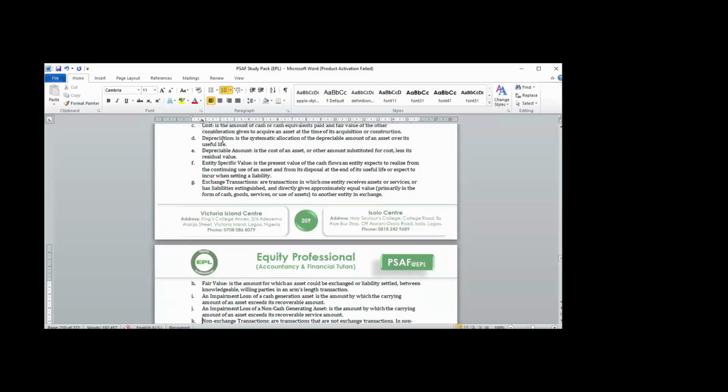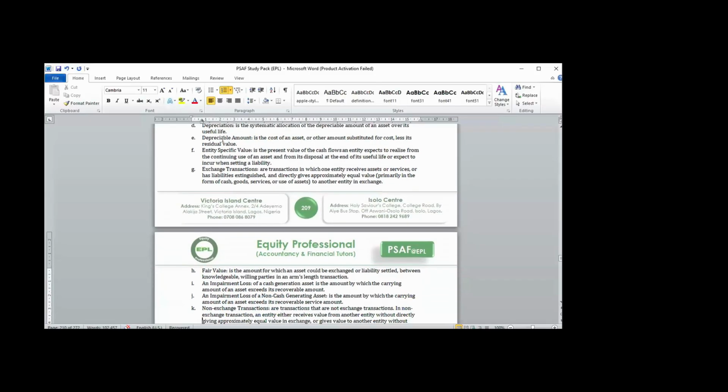Now, when we look at it from there, we've discussed the non-exchange value of an asset. We have discussed the exchange transaction, non-exchange transaction.